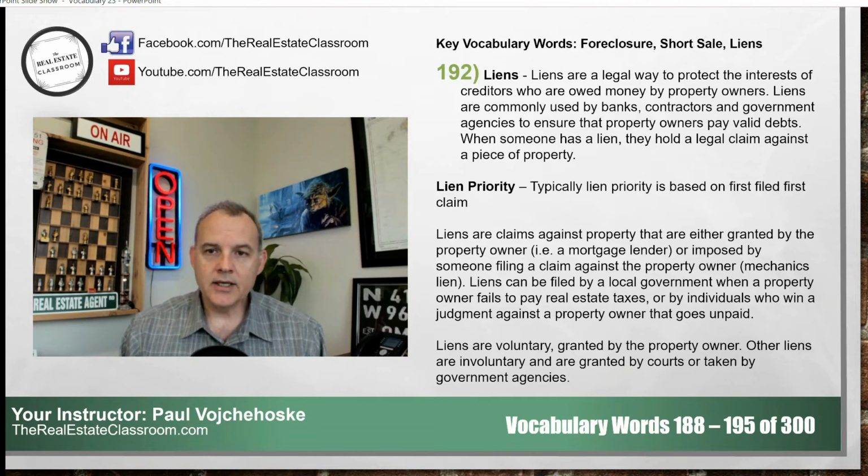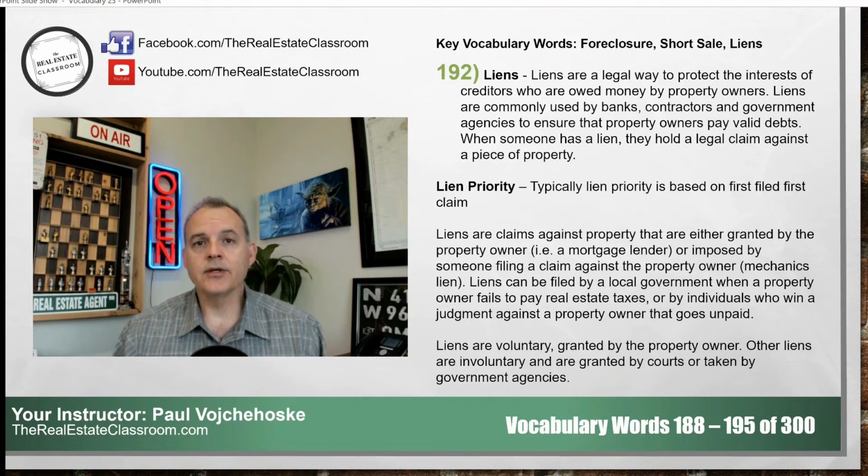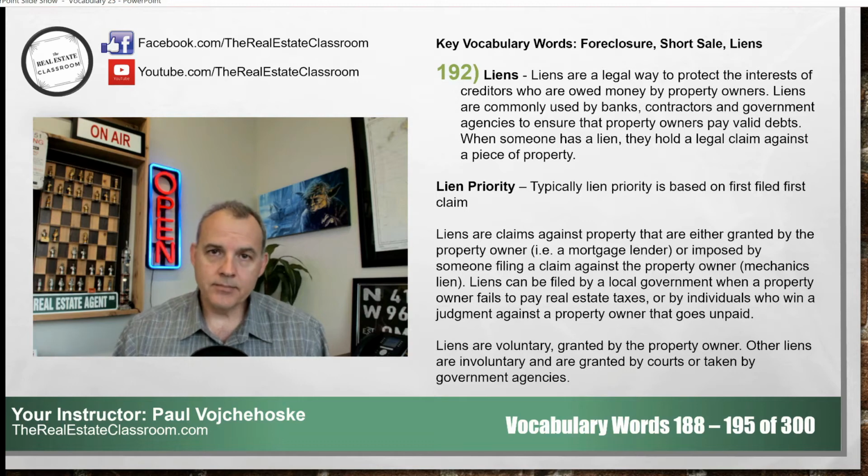That's a legal mechanism to protect the creditor. With a mechanic's lien, for example, a vendor gives supplies, maybe roofing or siding materials, and they're owed money. They can place liens against the property to ensure that they get paid. That's what a lien is.